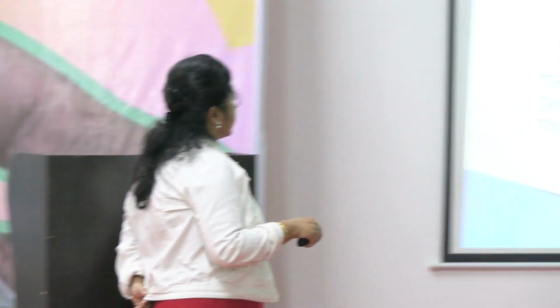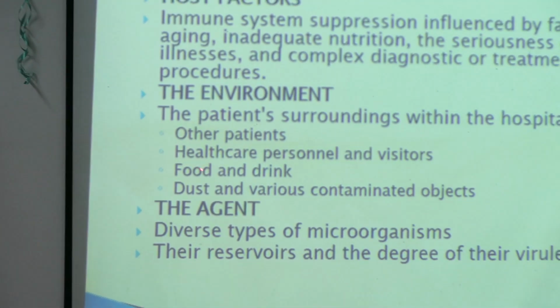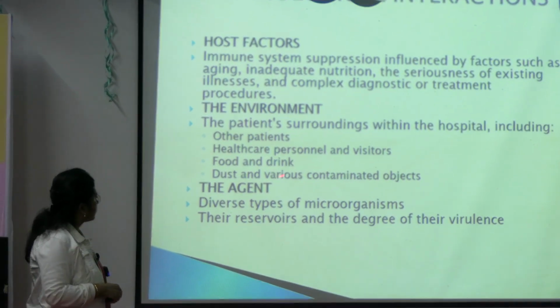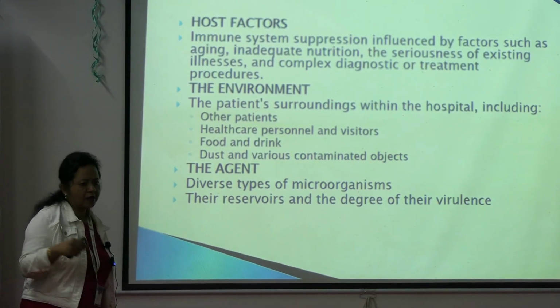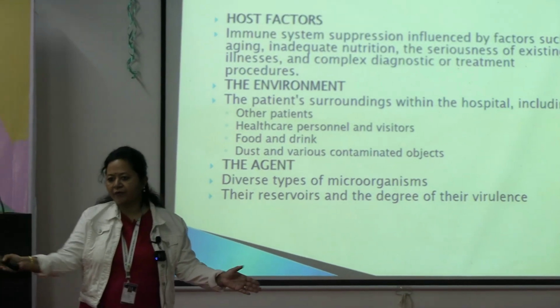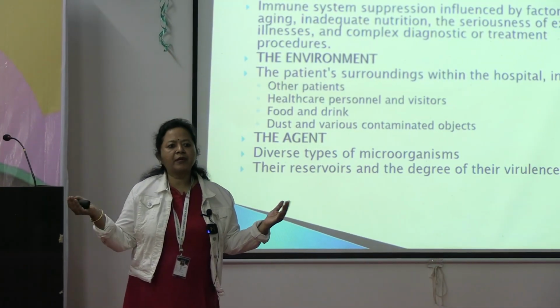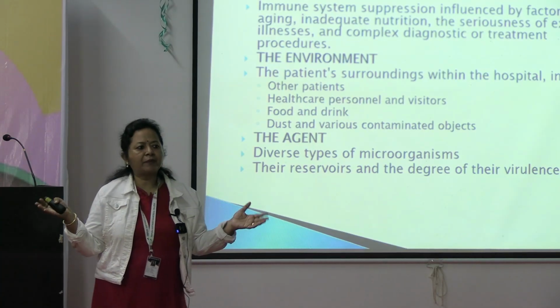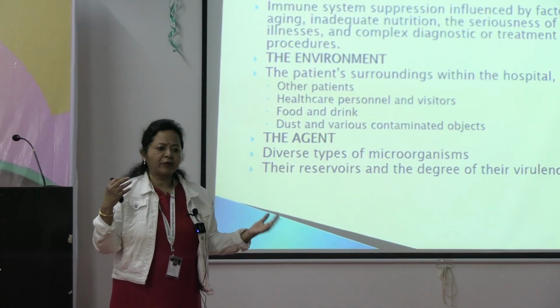Then the environment. The patient's surroundings within the hospital include other patients, healthcare personnel, visitors, food, drink, dust, and various contaminated objects. This is the environment in the hospital, and it is different from this classroom. In an ICU, maybe 12-bedded or 15-bedded, you have different patients with different types of infections.